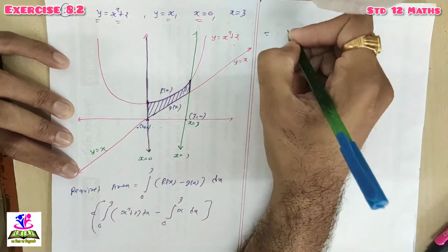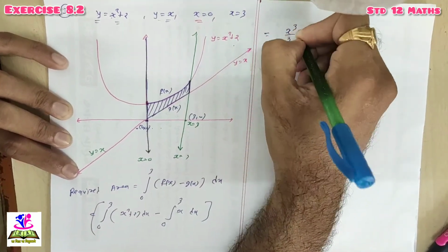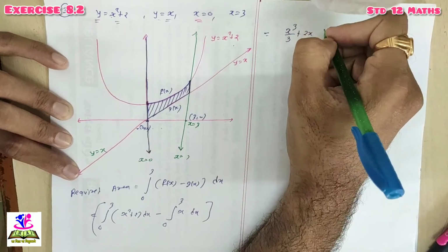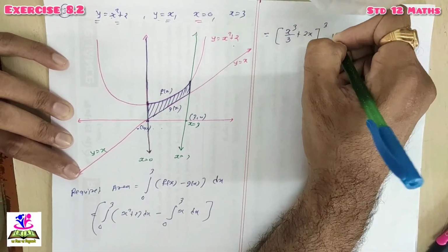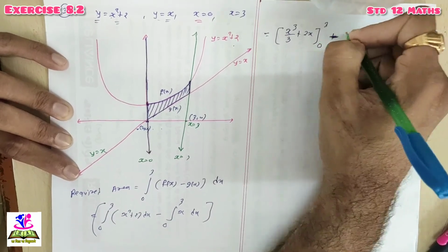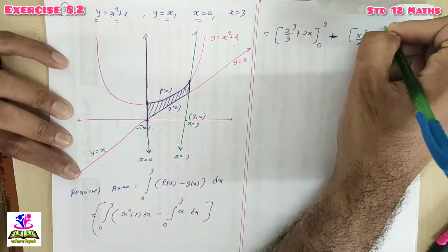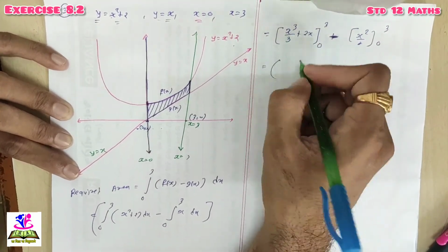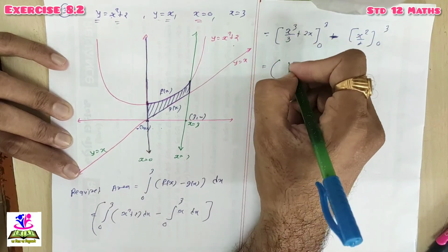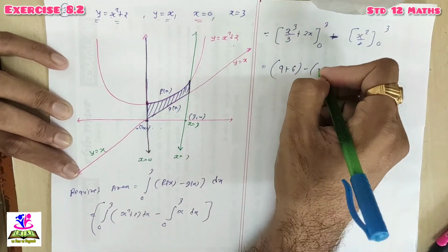So this is equal to the integration of x square plus 2, which is x cube by 3 plus 2x, limits 0 to 3, minus the integration of x, which is x square by 2, limits 0 to 3. Here put x equal to 3: 27 by 3 is 9, plus 6, minus the value at x equal to 0, which is 0.